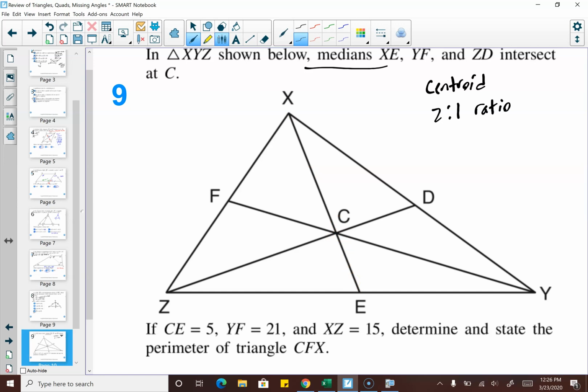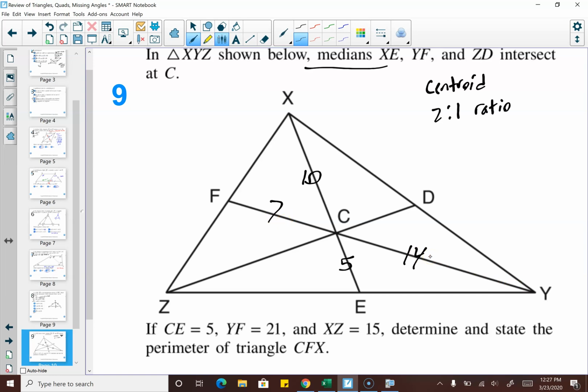So in this case, if CE is 5, we know that XC needs to be 10. If YF in total is 21, we need to break it up into 3 parts, which in this case is 14 and 7. 7 is the smaller part. YC, 14, needs to be double that.